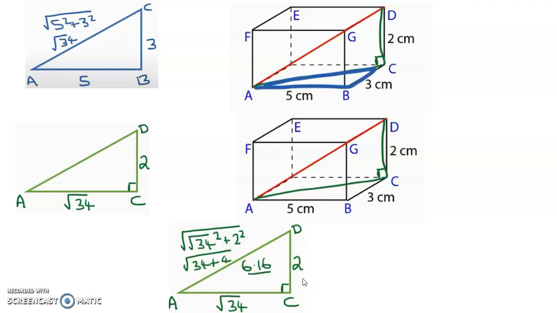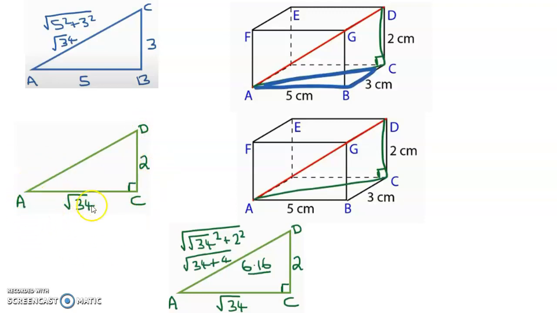I will repeat again how we found this value, 6.16. AD is the hypotenuse, okay? So AD square is equal to AC square plus CD square. AC square is the root of 34 squared, which equals 34, plus CD square, which is 4, so it will be 38.